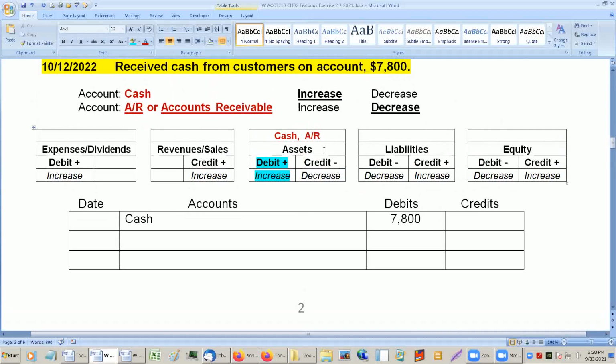And accounts receivable is going down. There's some credit. Yeah, so they no longer owe us 7,800, but again, we're probably pretty happy about that because we'd rather have the cash than the IOU.